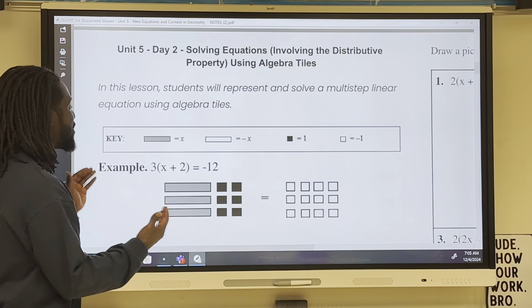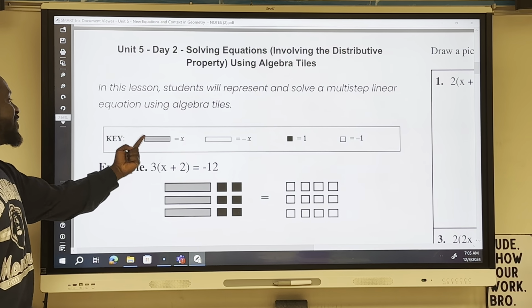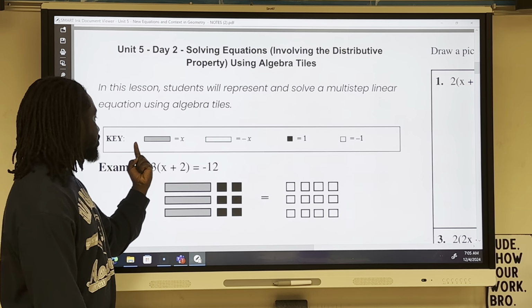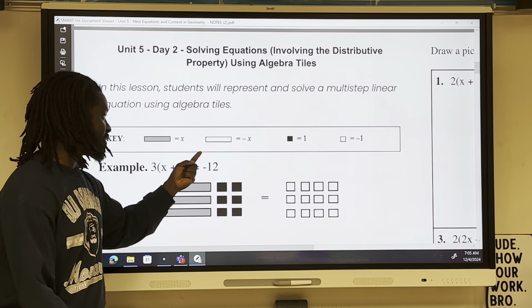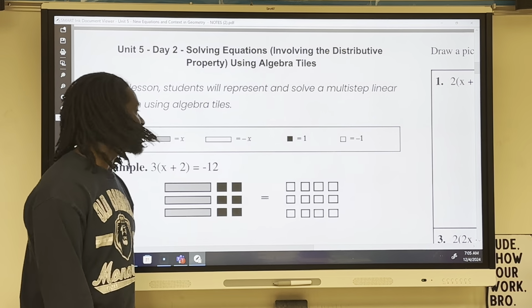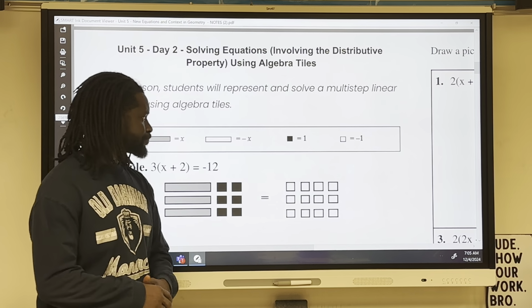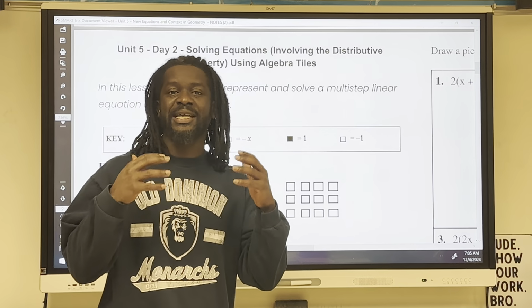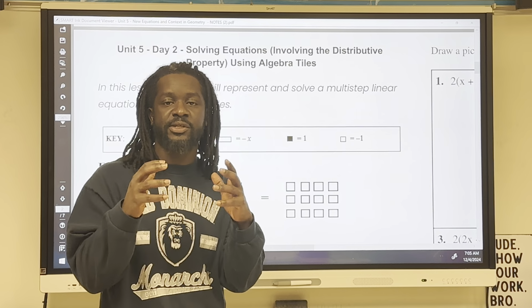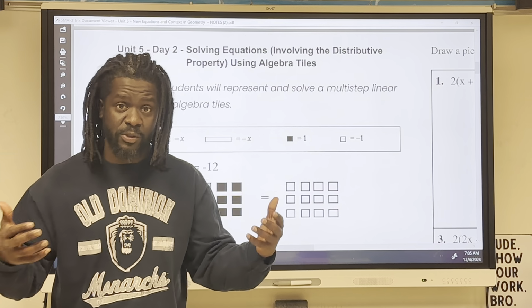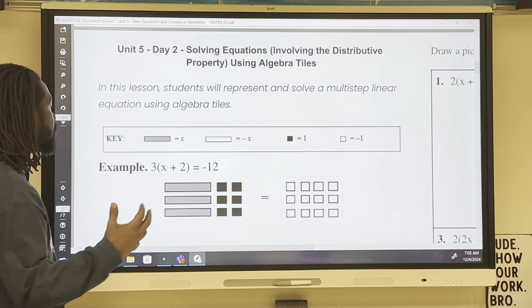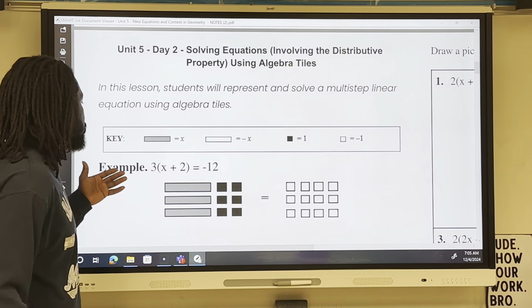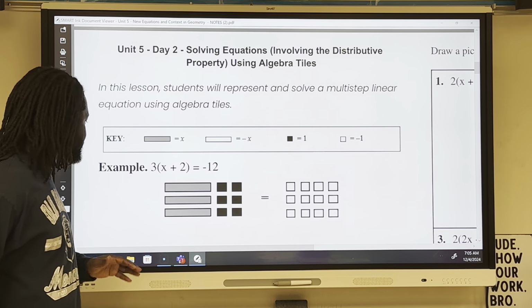If we look closely, this key has the shaded rectangle being the positive and the unshaded being the negative, and the same for the ones. So it's really important that you pay attention to what the key says and what it indicates, because that tells you what each block or rectangle represents, all right?